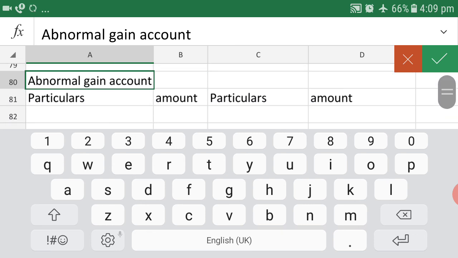Same table format: debit side has a particulars column and amount column, credit side has a particulars column and amount column. So 4 columns.